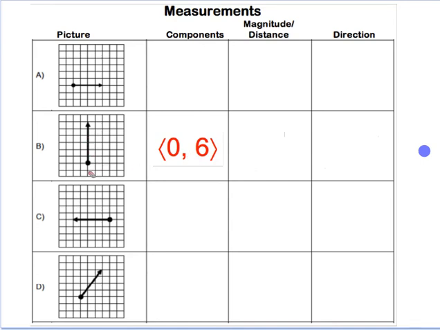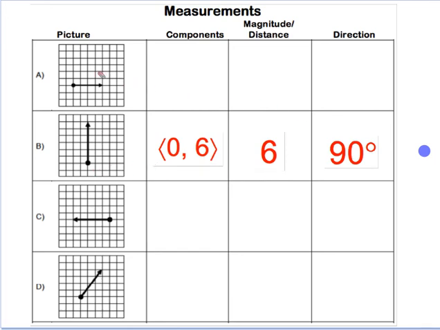Now the magnitude. My rotation angle would be 90 degrees, so the direction would be 90 degrees. But I don't necessarily have a triangle where you have the x-axis here and the y-axis here. So my magnitude is just going to be the length of this line, so it's just going to be 6 units.